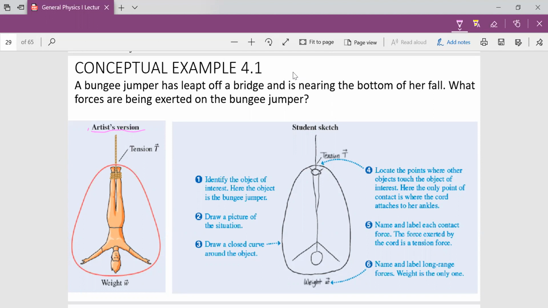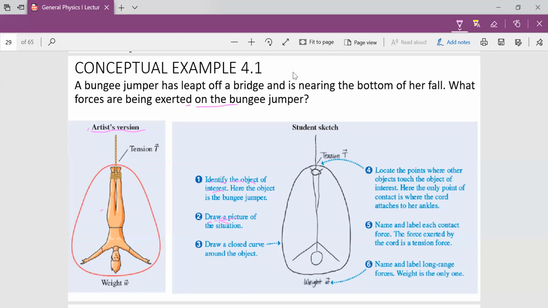What did we say? We identify the object of interest. The object of interest in this case is the bungee jumper. We made a picture diagram. Now this is the artistic version. Let's look at what a student sketch would do if this is the kind of question you were asked to do.